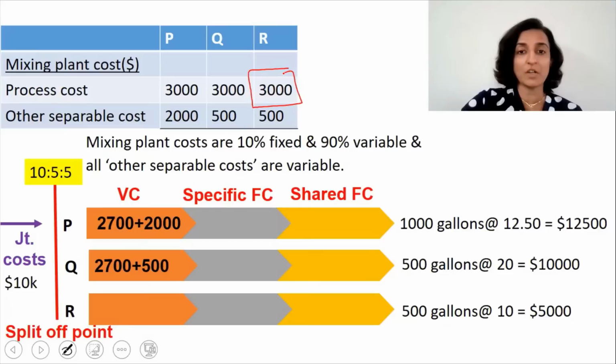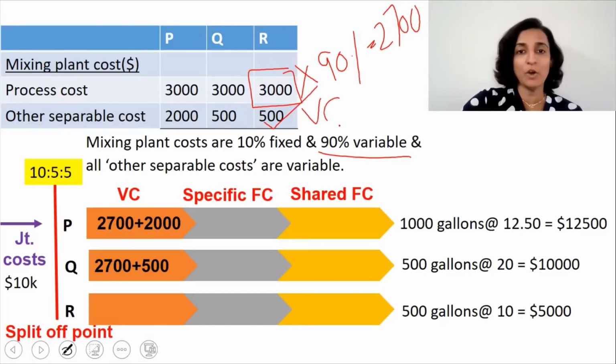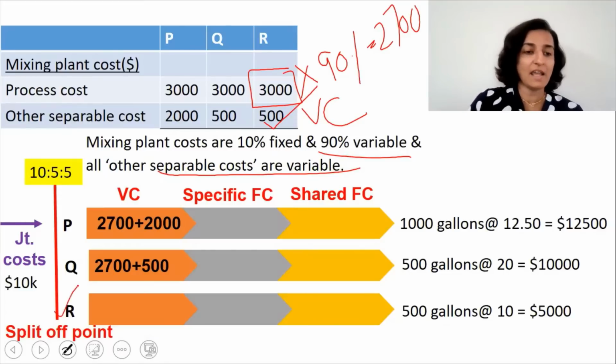For product R, $3,000 is the process cost, out of which 90% is variable. So 3,000 into 90%, which is 2,700. And $500 is also purely variable because other separable costs are variable. So the amount to be indicated against product R as far as variable cost is concerned is 2,700 plus 500.